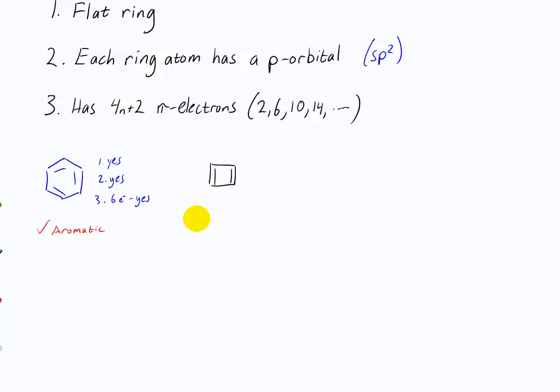Yeah. It is a flat ring. It's strained, certainly. Does each ring atom have a p orbital? Yes, they're all sp2 hybridized. And does it have 4n plus 2 pi electrons? No. How many pi electrons does it have? 4. So it's not aromatic.